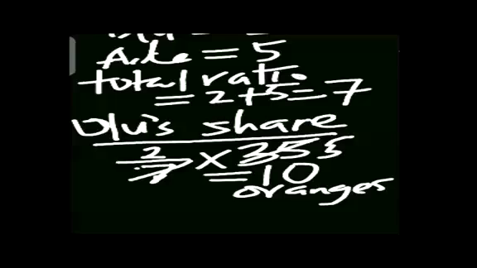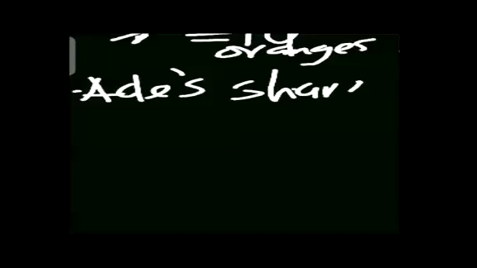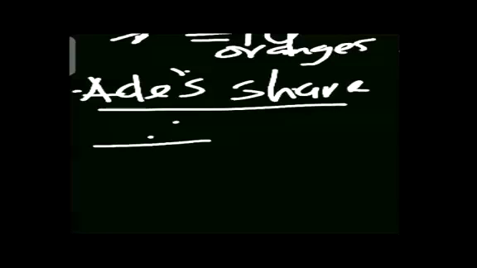Now, what of Ade's share? For Ade, we have the ratio of Ade to be 5. So Ade has 5 over the total number of the ratio, that will be 2 plus 5, which is 7, multiplied by whatever they are sharing.